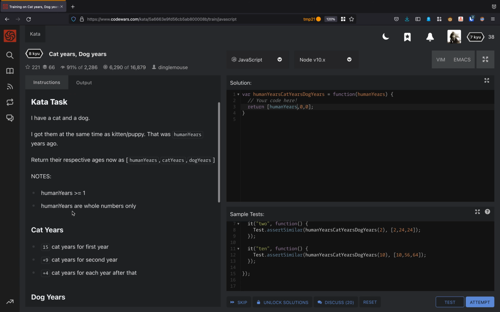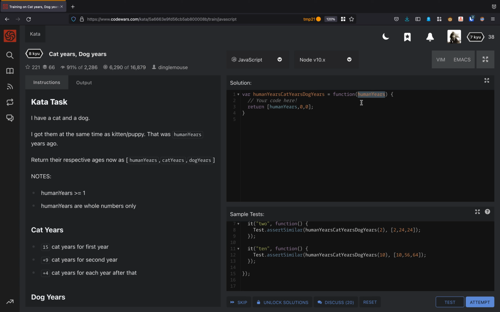So then we should implement something that adds up these numbers as they go. We should probably loop a number of years times. I'm thinking aloud.